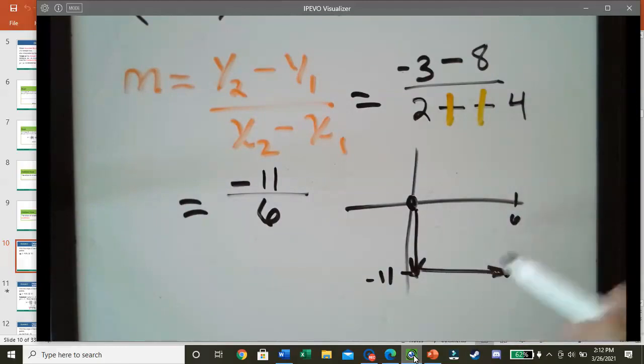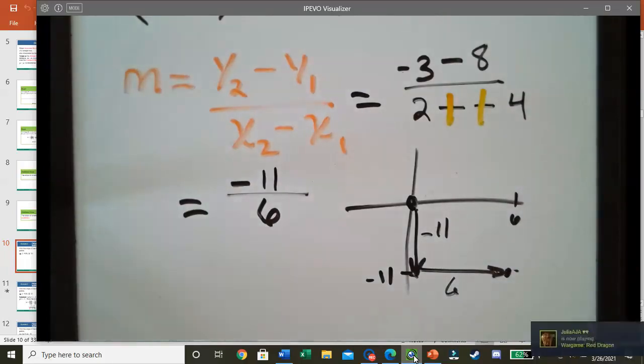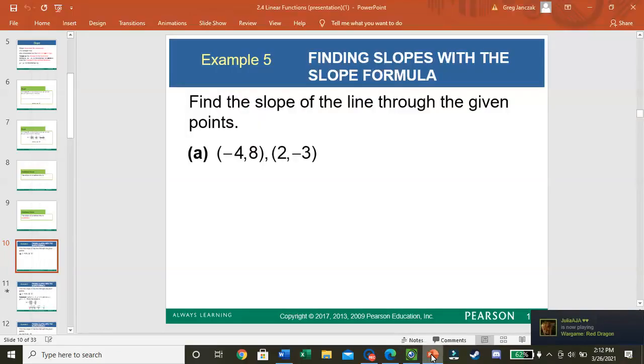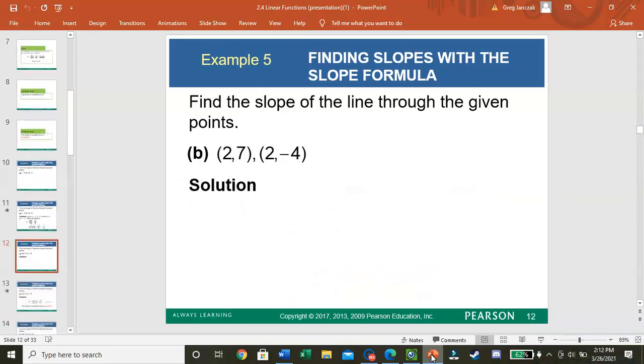The run is 6, so it's negative 11 for rise, 6 for the run. Okay? All right. Questions there? All right, let's try the next one.